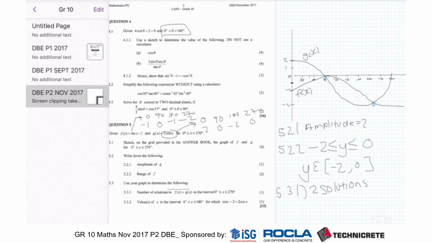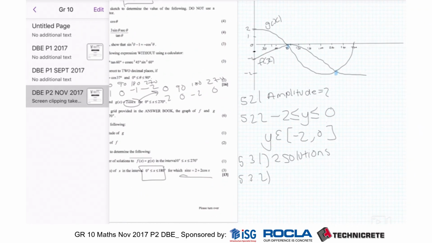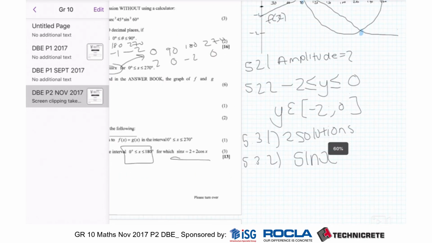Then the next question says the values of x in the interval of only between 0 and 180, for which sine of x is equal to 2 plus cos x. Okay, now our graph is not sine x, it's sine x minus 1. So in this question I'm going to manipulate it.